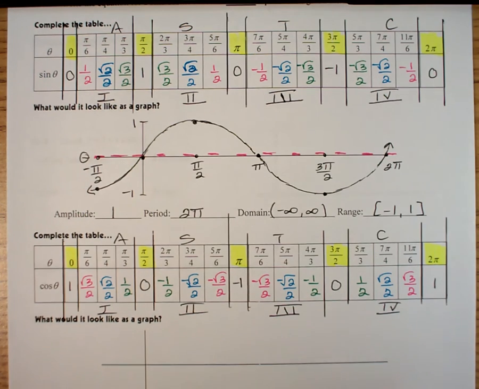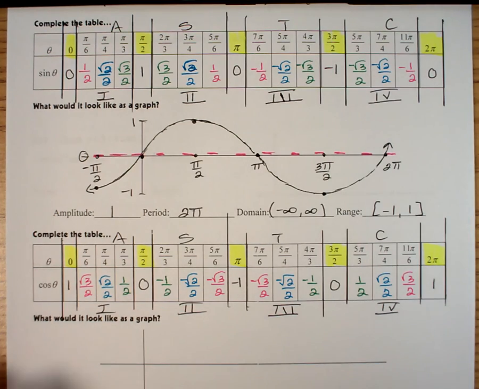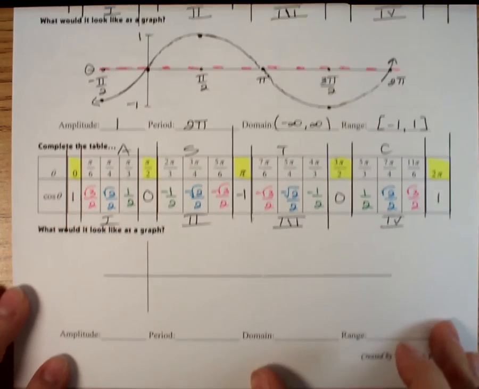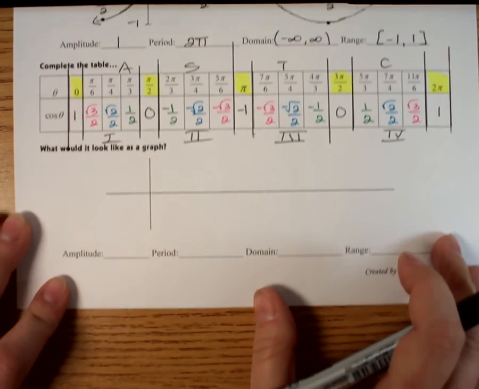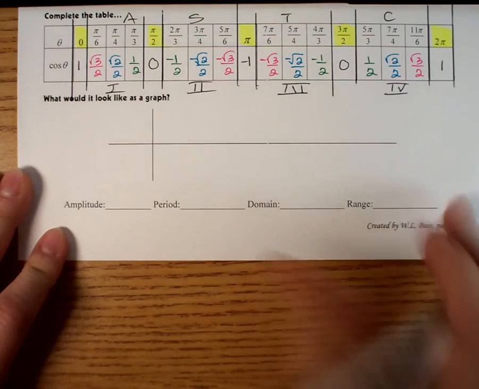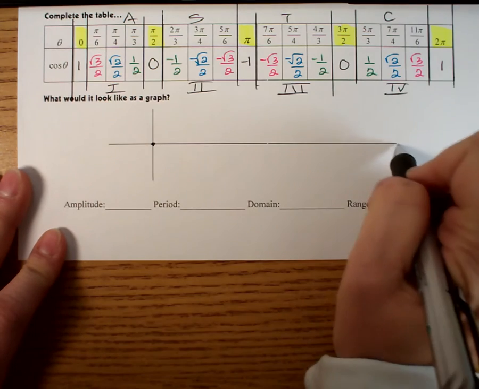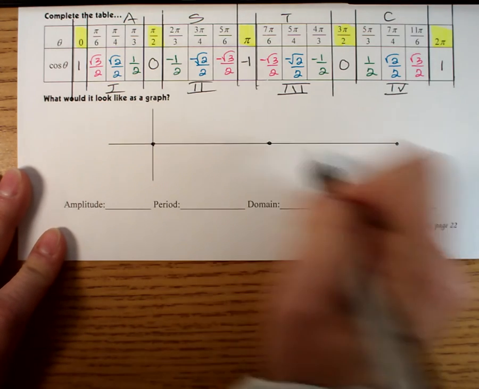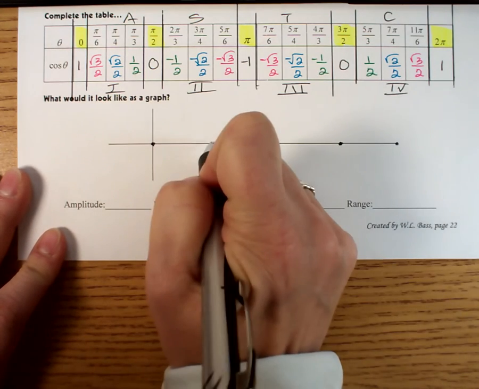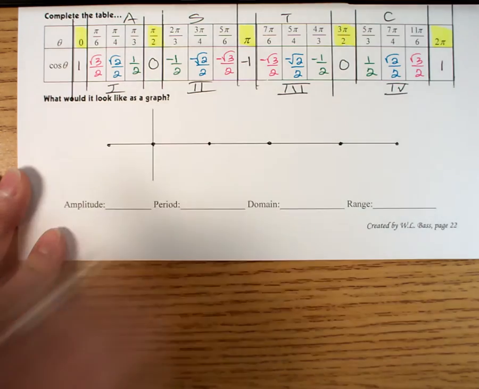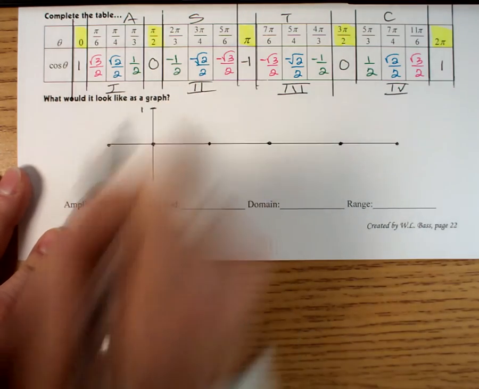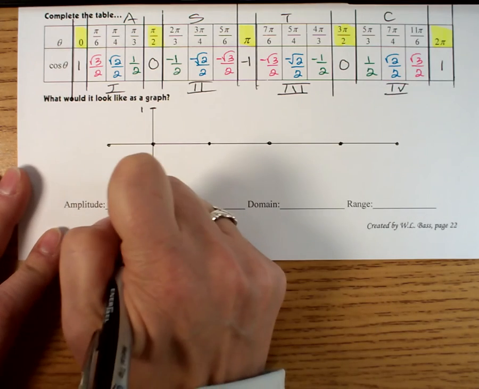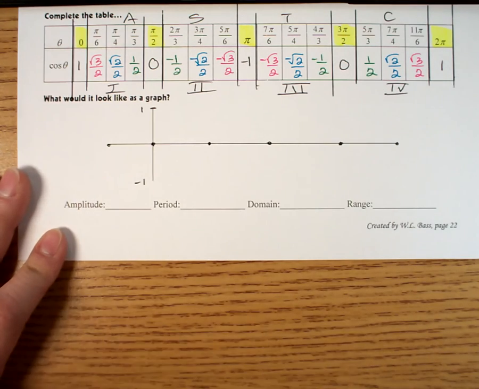We can repeat the same process that we just did down here for the cosine graph. We'll notice that our values are the same, they've just been shifted. So all I need to do on this one is, again, divide up my number line. We're finding that midpoint, midpoint again, and we can even do the 1 in the back. I can see that cosine also only goes as high as 1, only goes as low as -1.